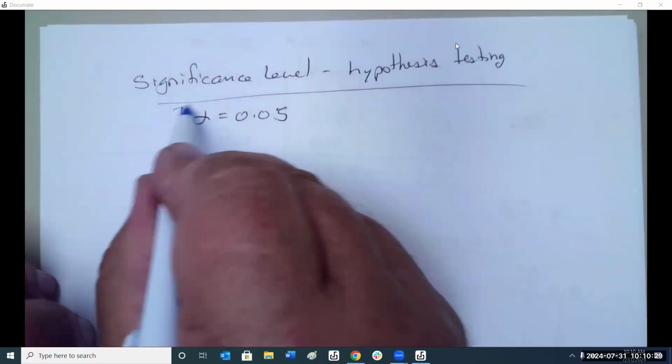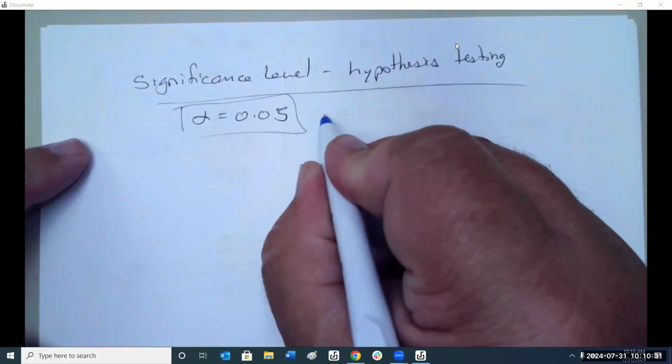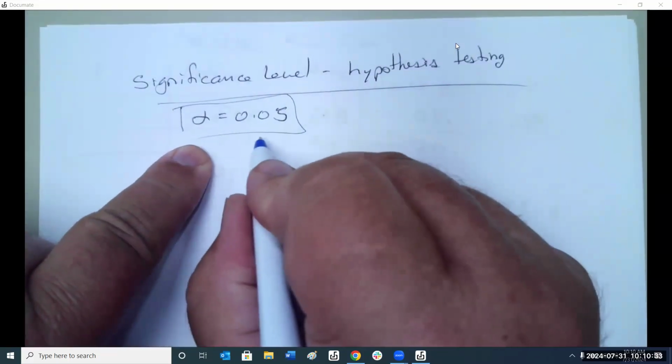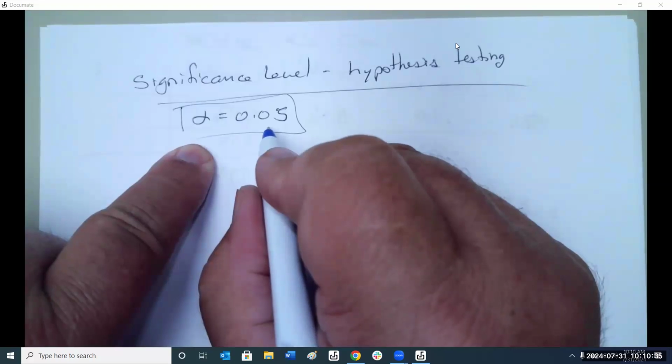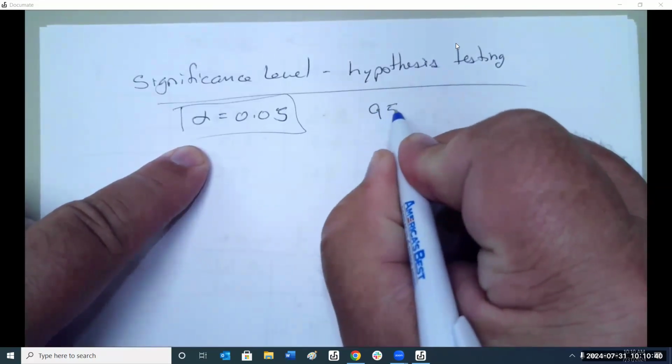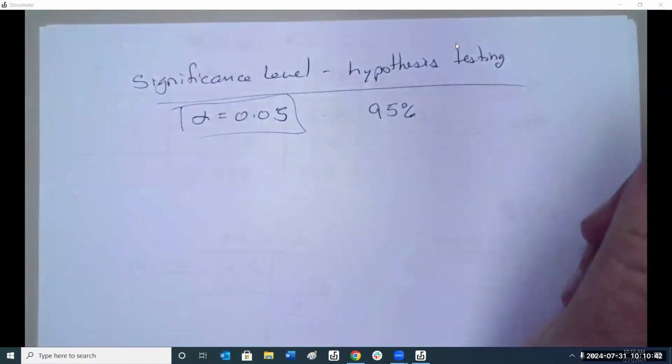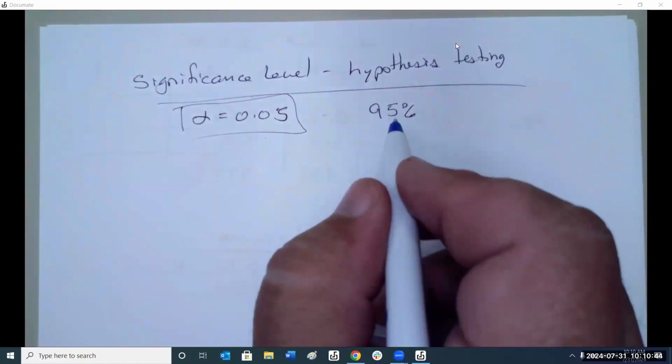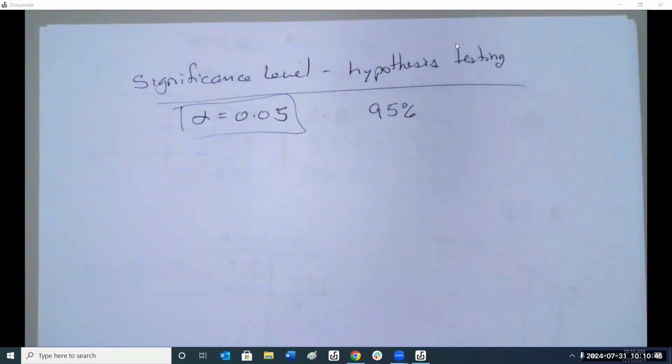So what does this really do? It tells us, since we're using alpha, our confidence level is 95%. That's 95% of the data that could ruin our observation, our hypothesis.